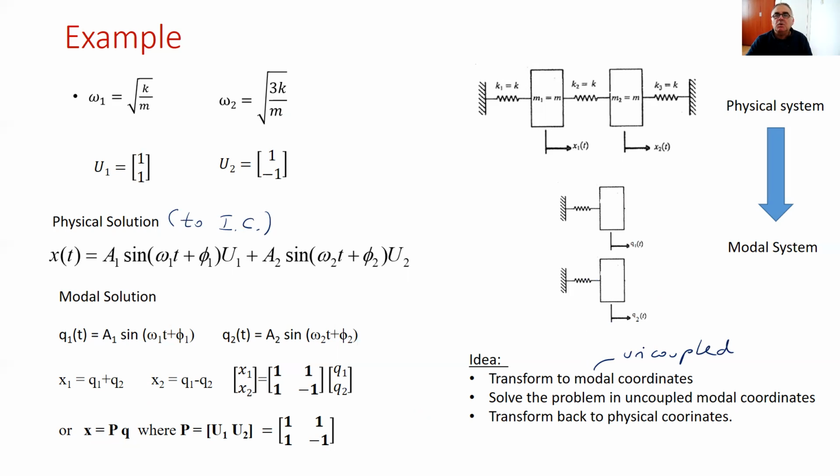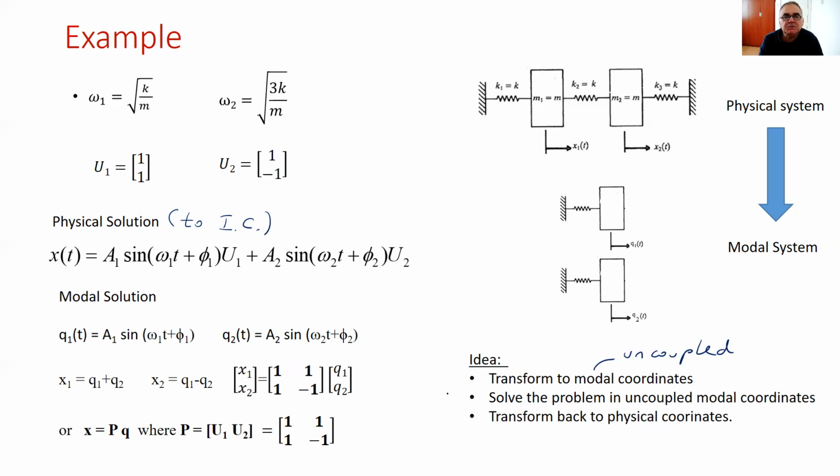You have to convert the initial conditions too, by the way. Then the problem is easy to solve in the modal coordinates. So solve the problem in the uncoupled modal coordinates, and then once you get the solution, you transform back to the physical coordinates. We will use this idea quite a bit during the upcoming lectures in the course.